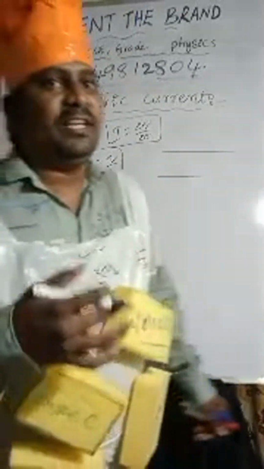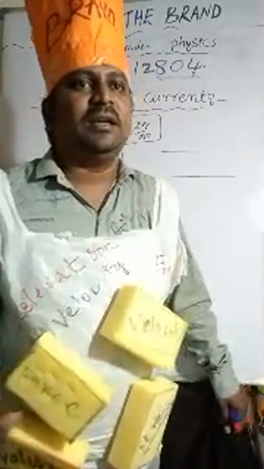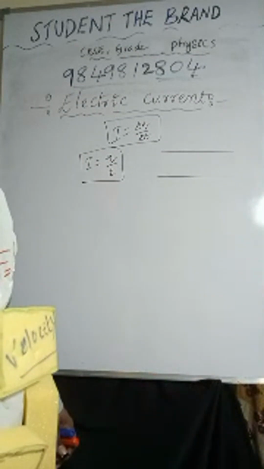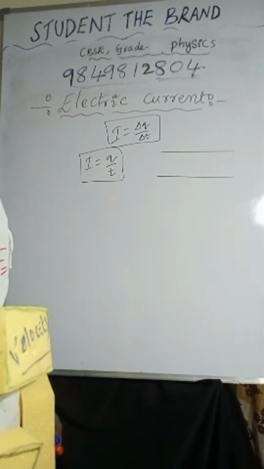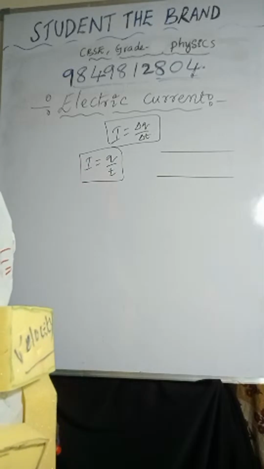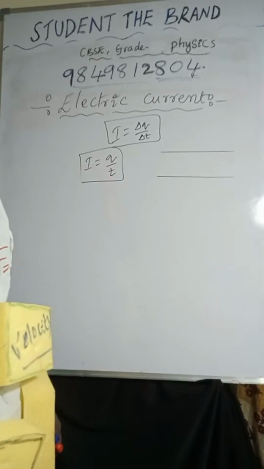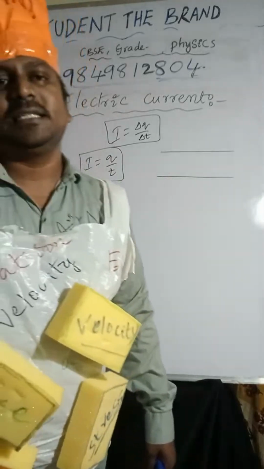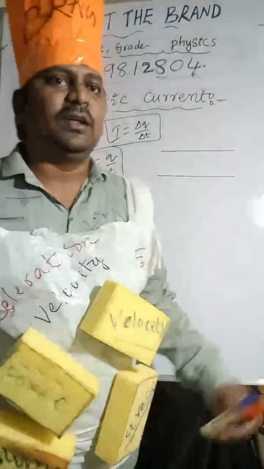What is the meaning of instantaneous current and what is the meaning of average current? Instantaneous current is nothing but the current at a particular instant.